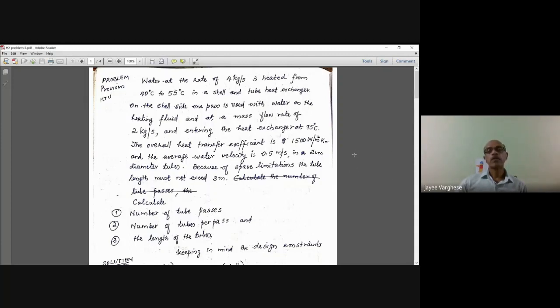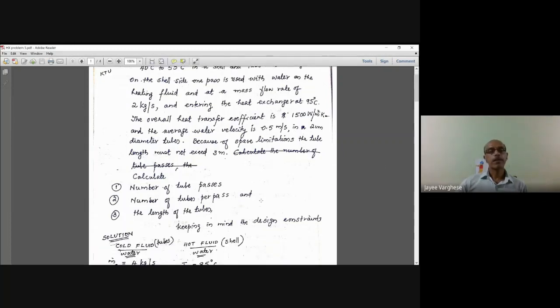Here the specific heat of water, either the cold or hot water, is not given, which can be taken from the data book, or we know generally the specific heat of water, which can be taken as 4187 joule per kilogram Kelvin. The variation of specific heat with the temperature is not to be taken into consideration.